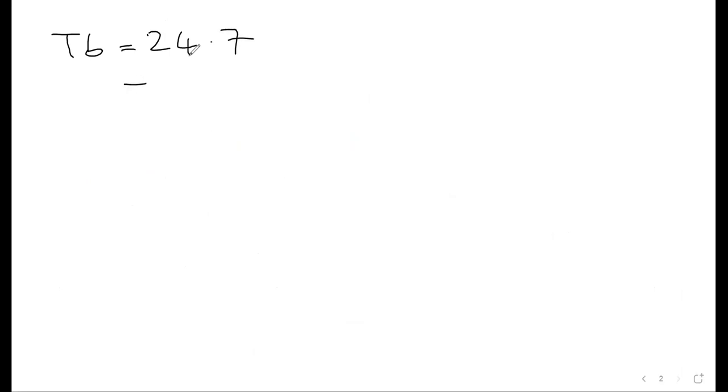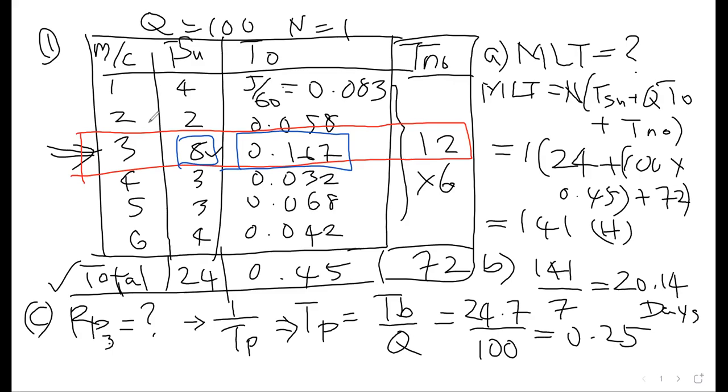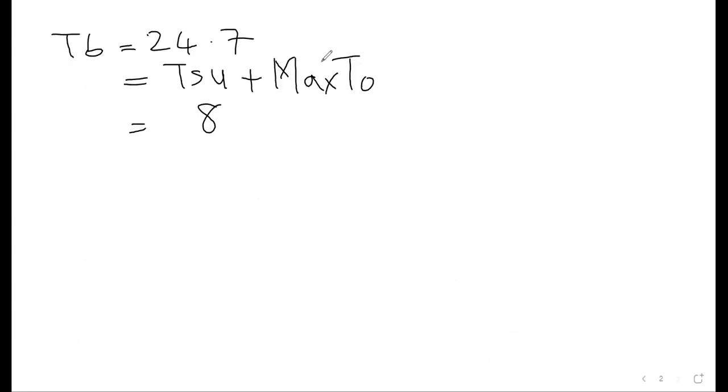So TB, I hope you still remember how to get TB. You have TSU, setup time, plus the maximum time for machine number, operation number 3 there. So for the operation, we have setup time 8 hours from the table. And then the operation time, cycle time, TC or TO, is 0.167, okay.